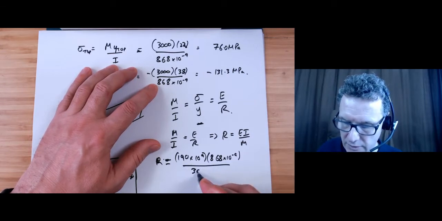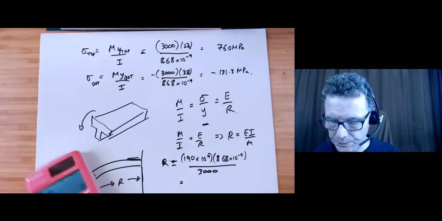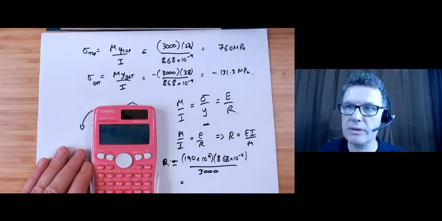Your M is 3000. What is that going to be?